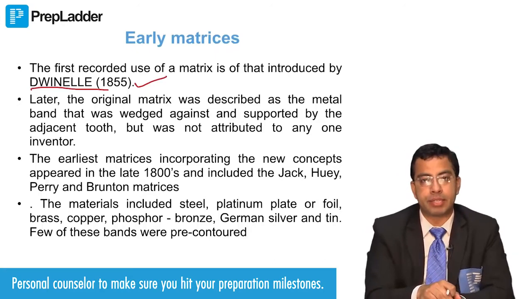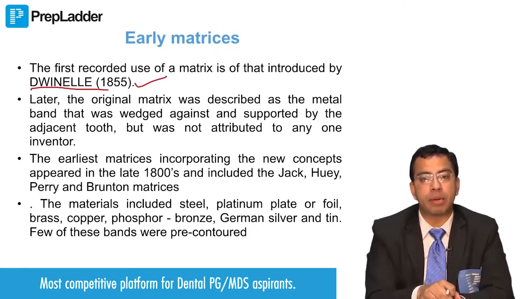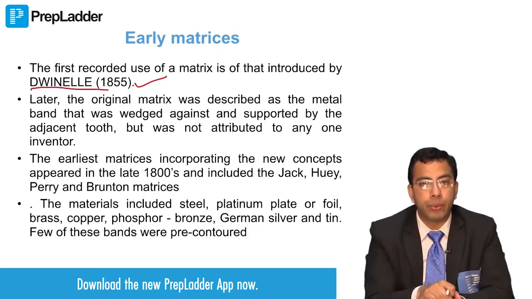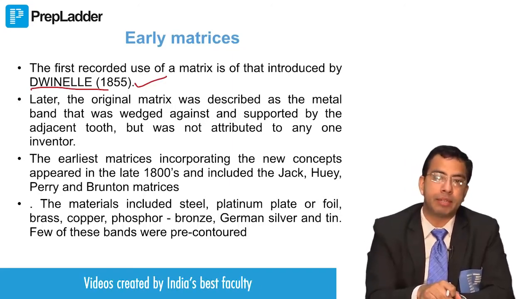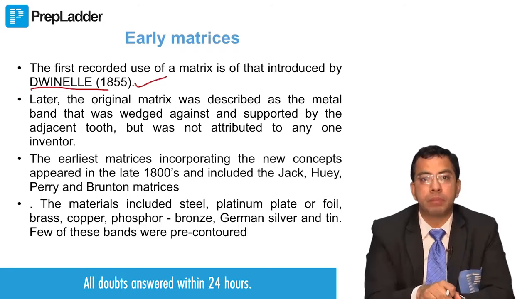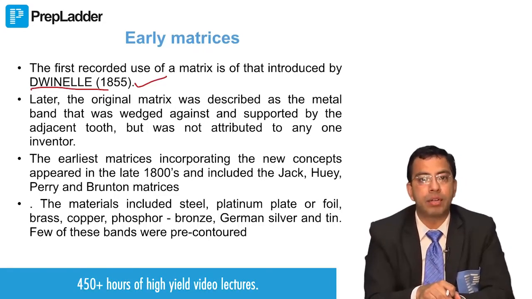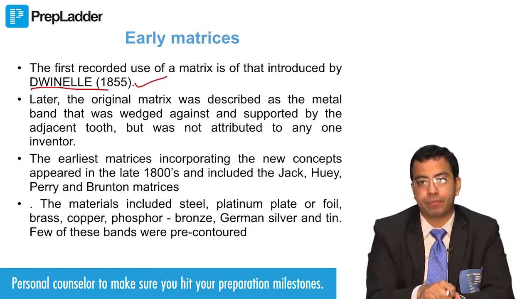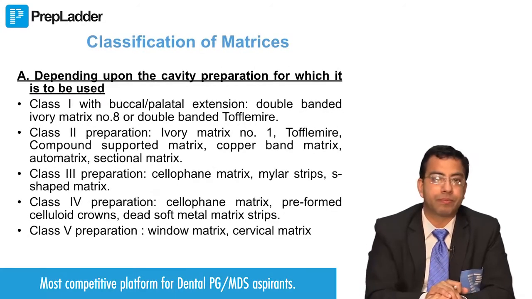The earliest matrices incorporating the new concepts appeared in the late 1800s and included the Jack, Huey, Perry and the Brunton matrices. The materials included steel, platinum plate or foil, brass, copper, phosphor bronze, etc. Few of these bands were also pre-contoured.